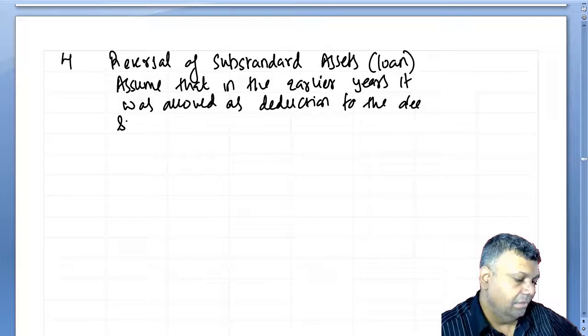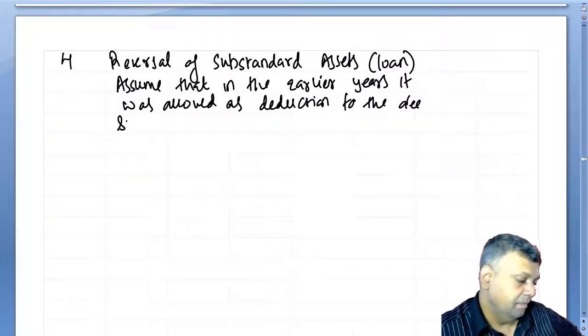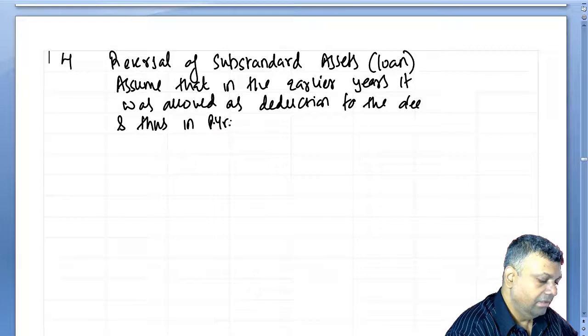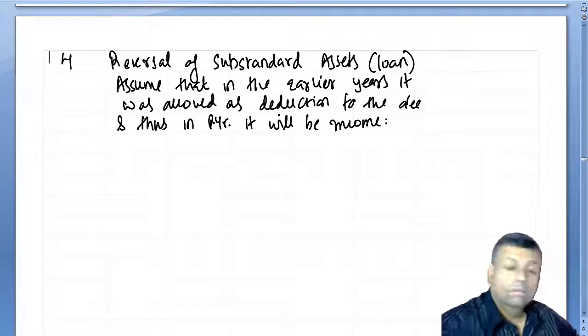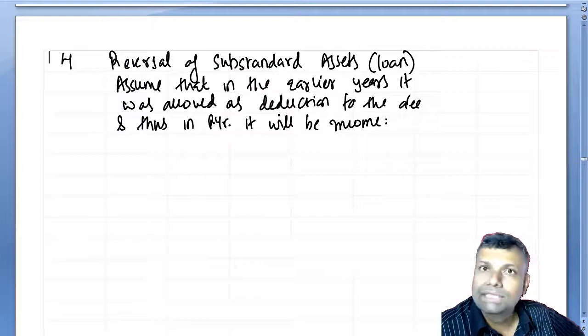Assumed that in the earlier years, that means in the preceding year, logically 2 years back, it was allowed as a deduction to the assessee, and thus in the previous year, it will be the income of the assessee.